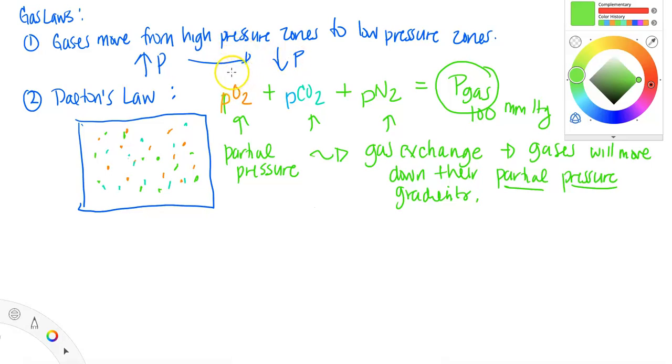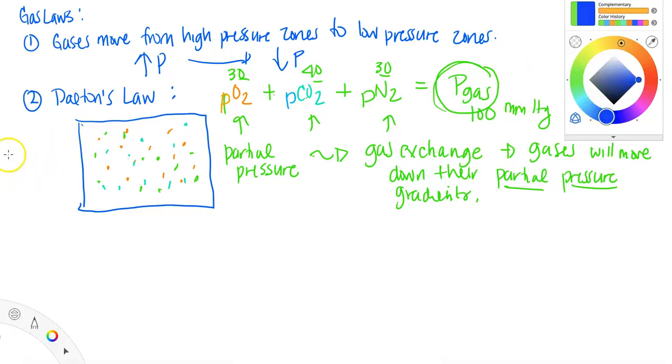So oxygen might be 30. This one might be 40. And then this one would have to be 30. And that would equal 100. So the total gas in here is the partial pressures added up.